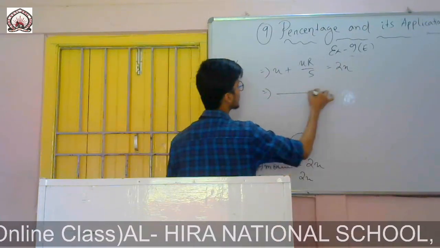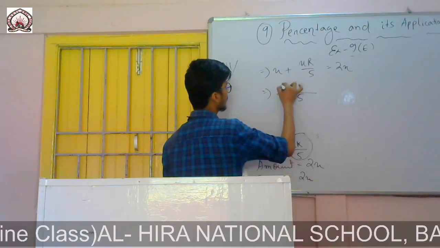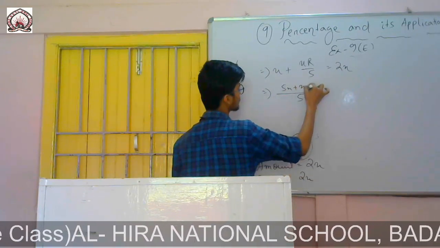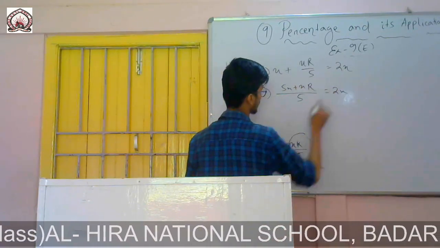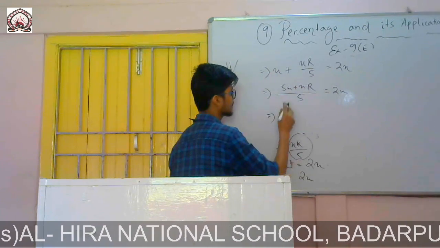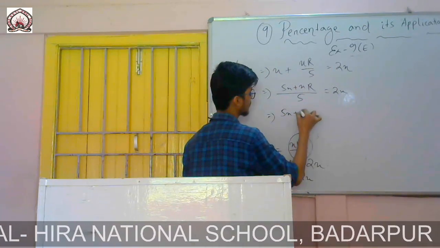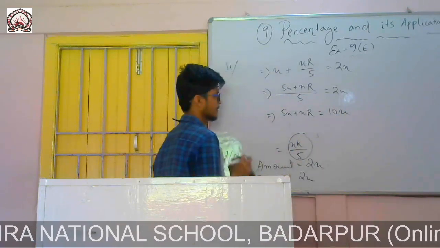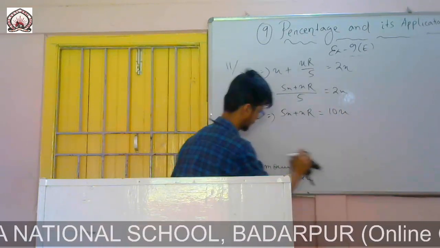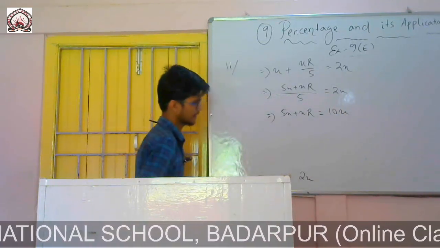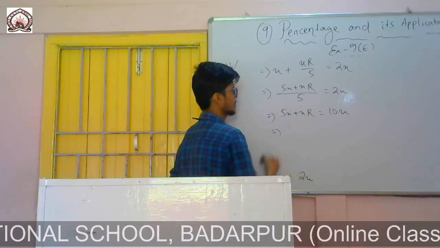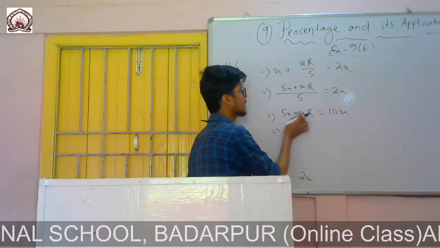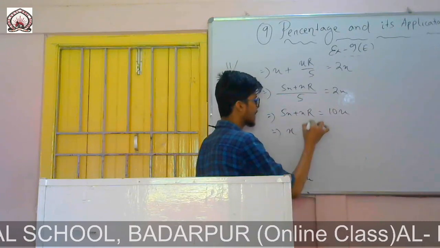I'll take the LCM, it will be 5X plus XR equals twice X. I'll cross multiply this one, there it will be 5X plus XR, 5 2s are 10X. Now you see, there is X here, also X here. That means I can take X common.